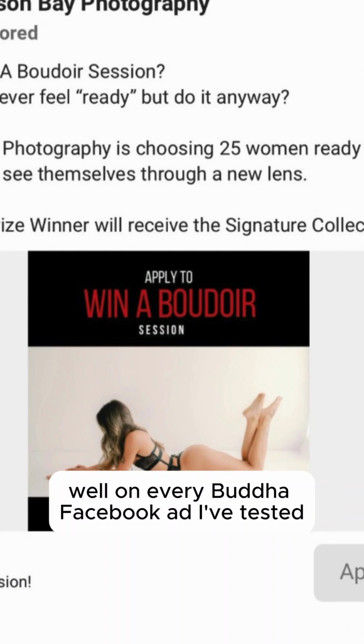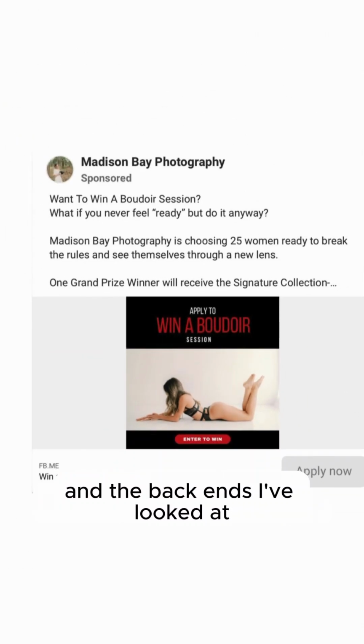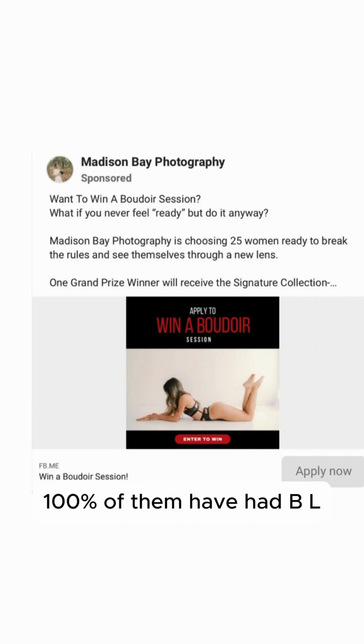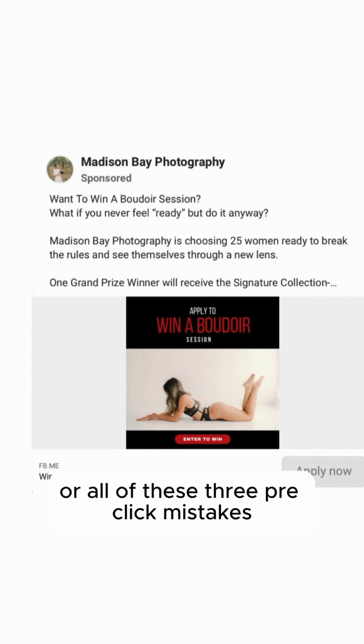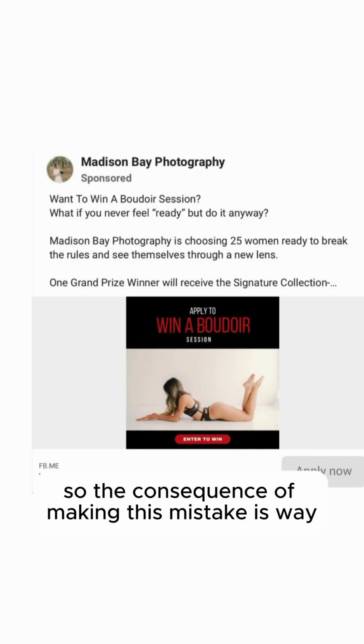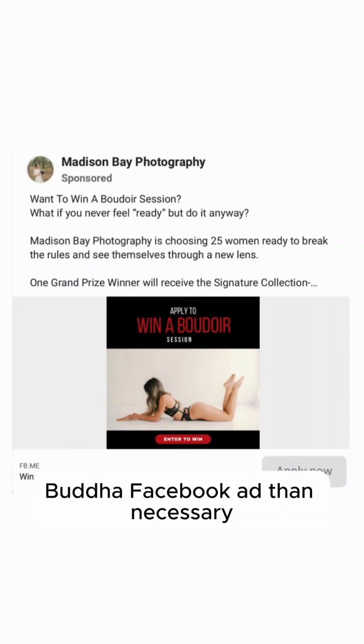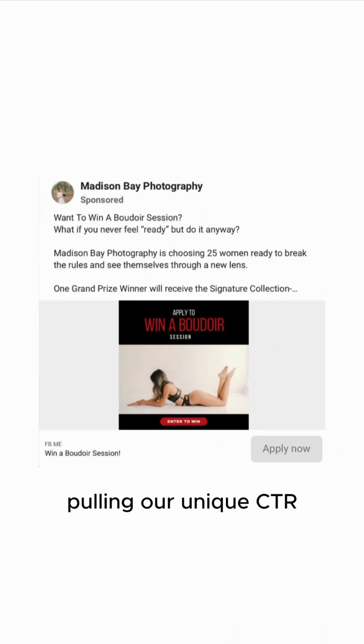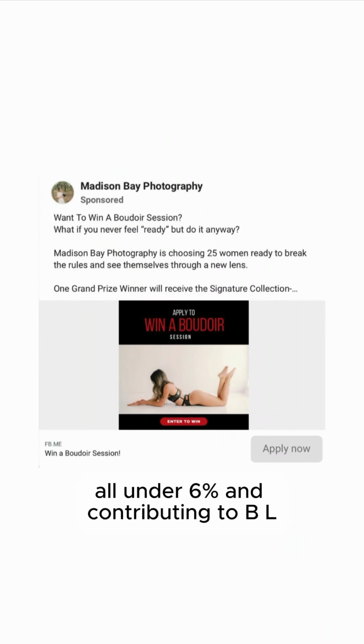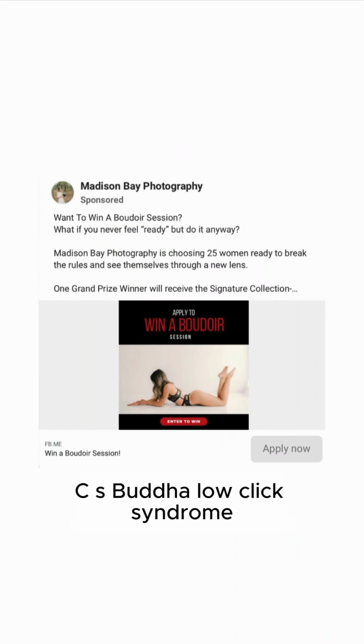Well, in every Boudoir Facebook ad I've tested and the backends I've looked at, 100% of them have had BLCS, Boudoir low click syndrome, because they're making some or all of these three pre-click mistakes. So the consequence of making this mistake is way more women scrolling by our Boudoir Facebook ads than necessary, pulling our unique CTRL under 6% and contributing to BLCS, Boudoir low click syndrome.